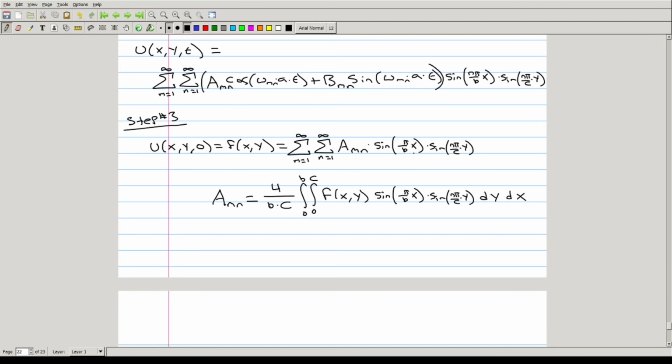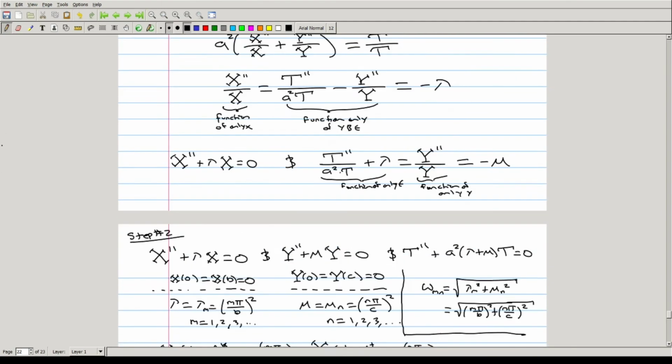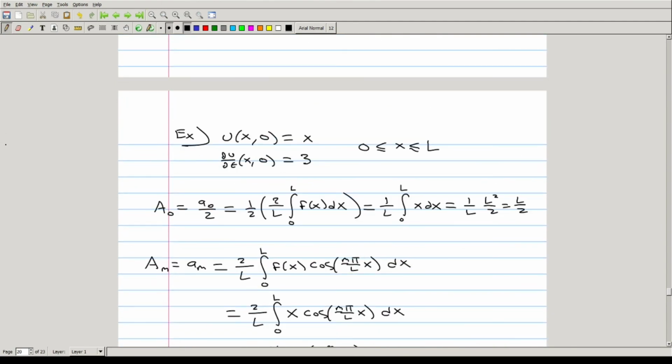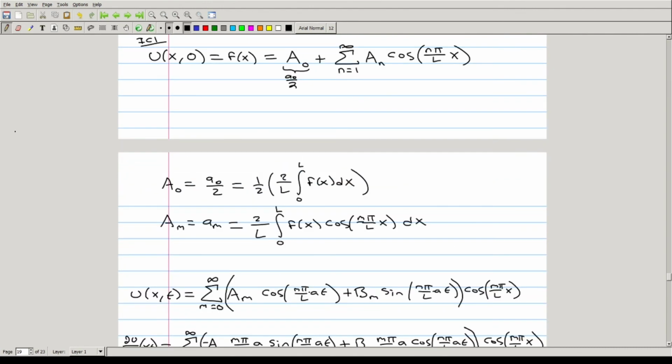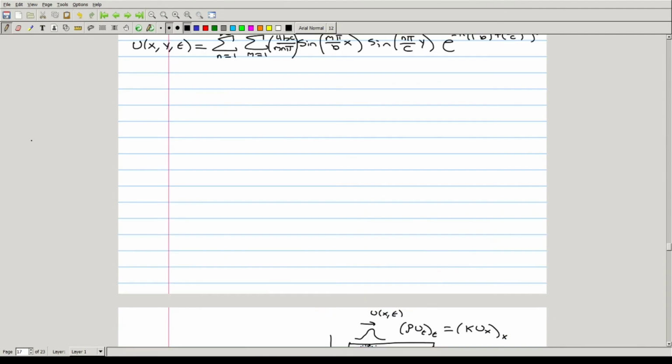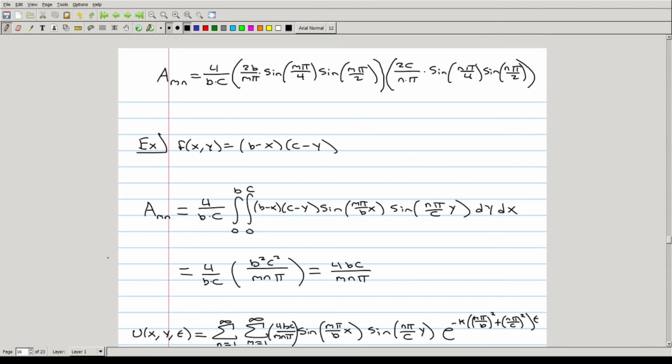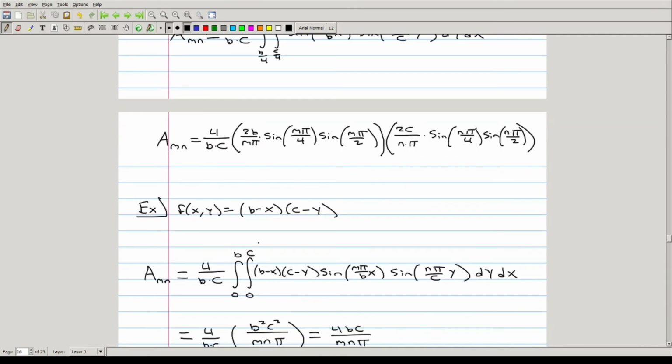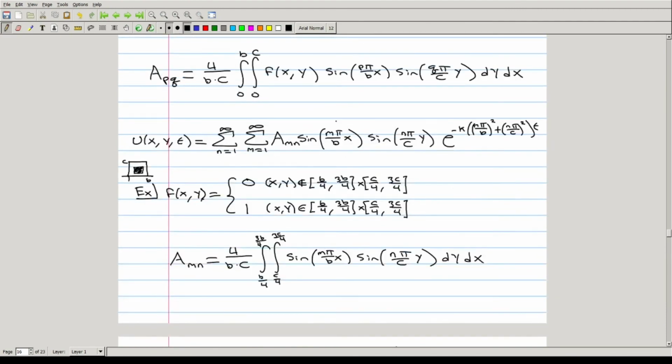And this was gone over when I talked about the 2D heat equation solution, right here when we solve for AMN. The form that you get is exactly the same.